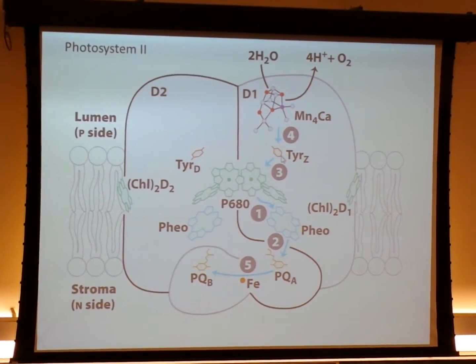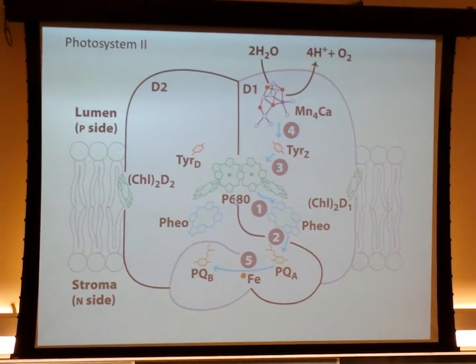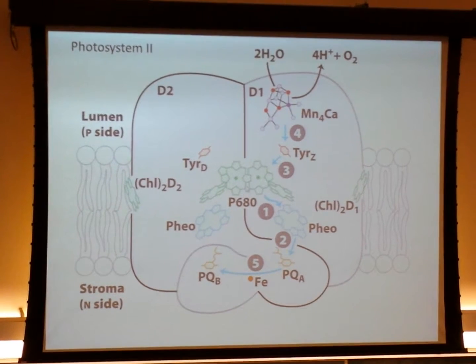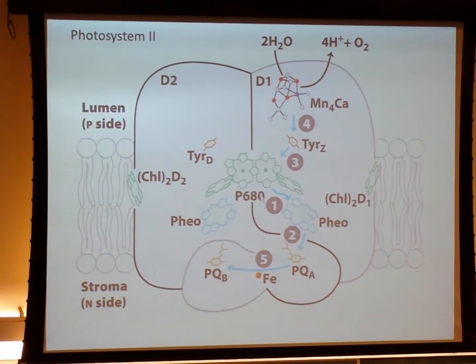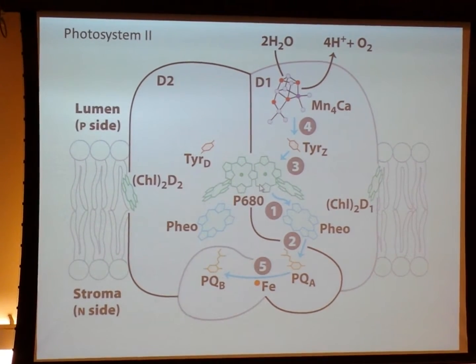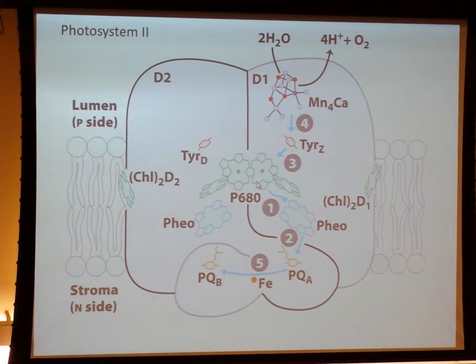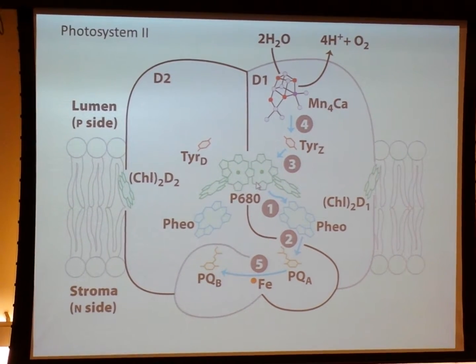So here's a tyrosine that transfers an electron back to what would be P680 plus. And as soon as 1 electron leaves, this thing has that redox potential of about 1.3, which says, give me an electron. The tyrosine does that.